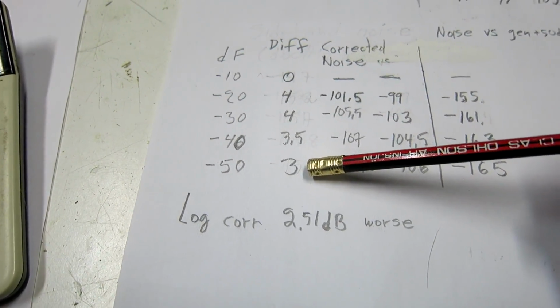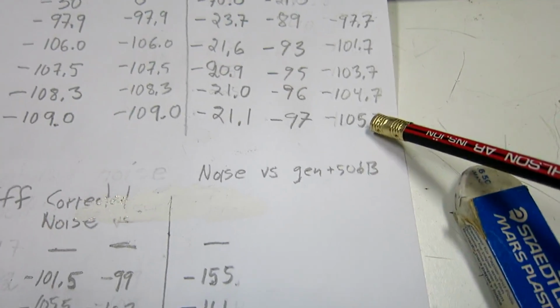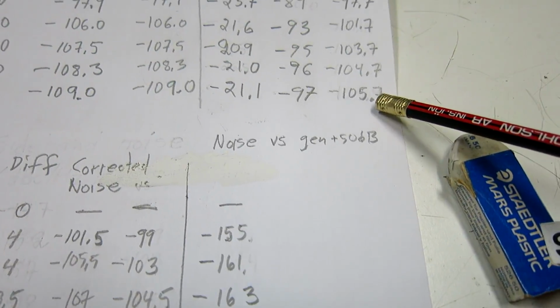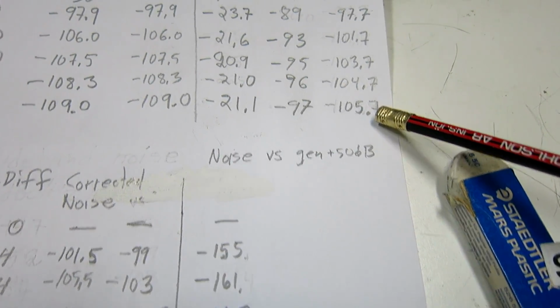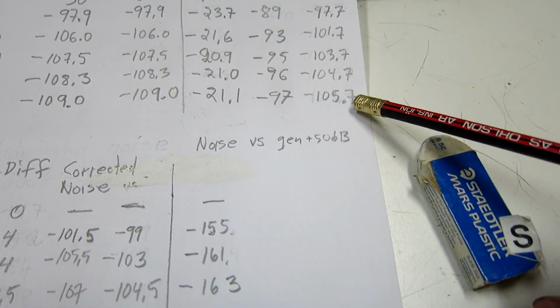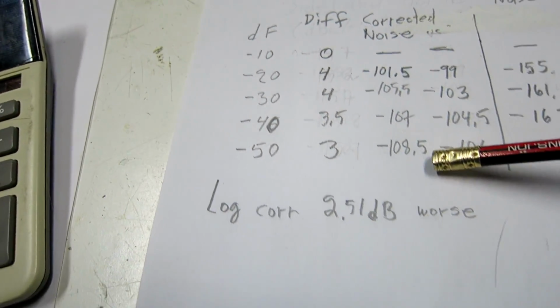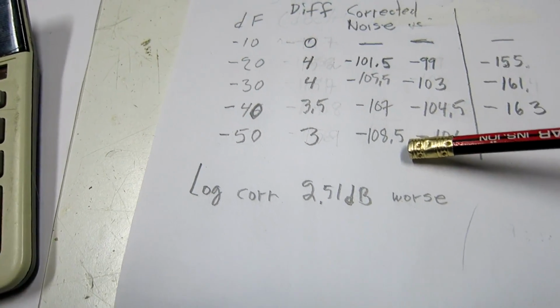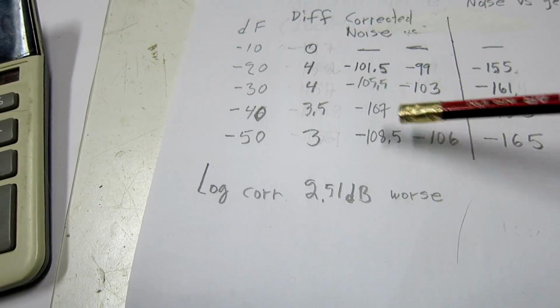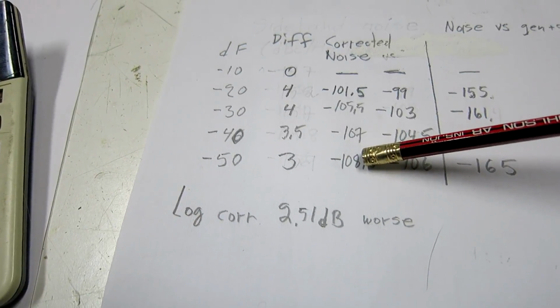At this point, the noise I see here is 50% from the spectrum analyzer and 50% from the crystal oscillator, so minus 108 or minus 108.5 perhaps. Anyway, I correct for these numbers to come to this conclusion.